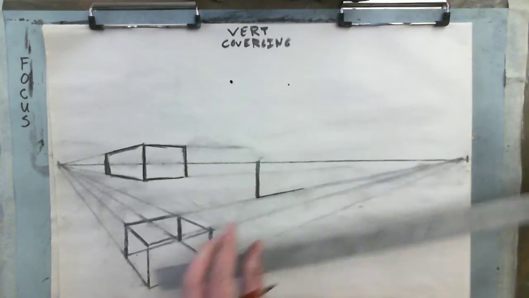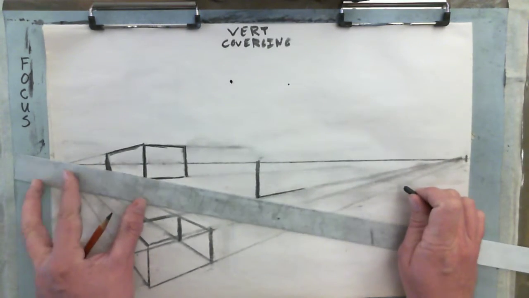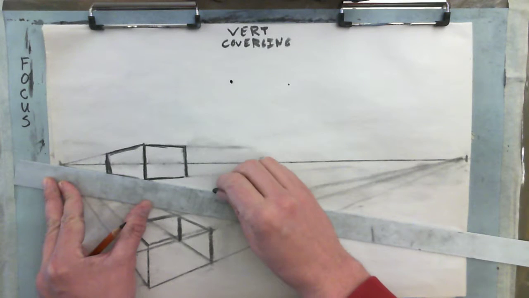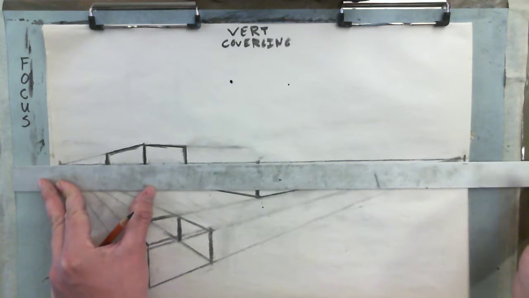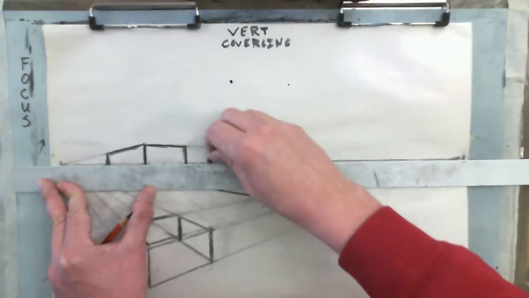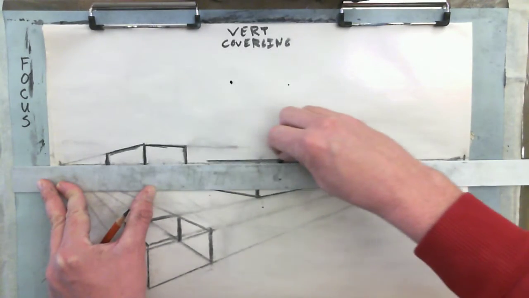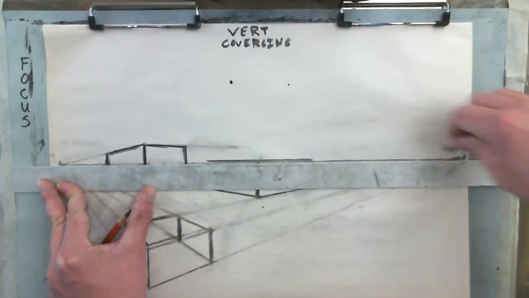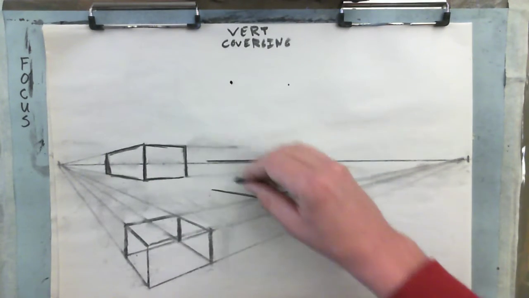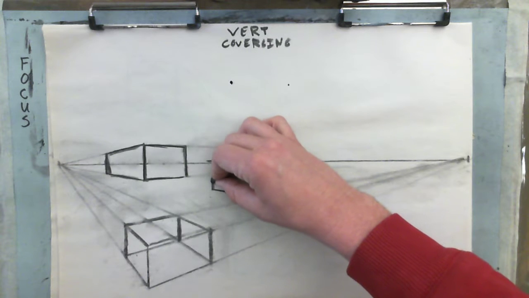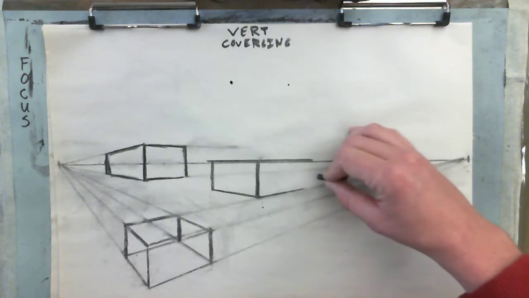There's still going to be converging lines like this. The top is going to be horizontal because it's on the horizon. But notice it's still going to the vanishing points here and here. It's still a converging line. But when the line is actually on the horizon, it will end up being horizontal.